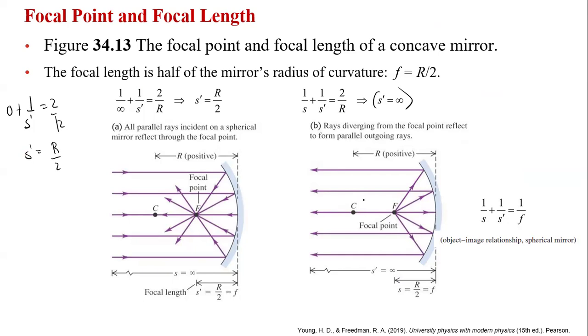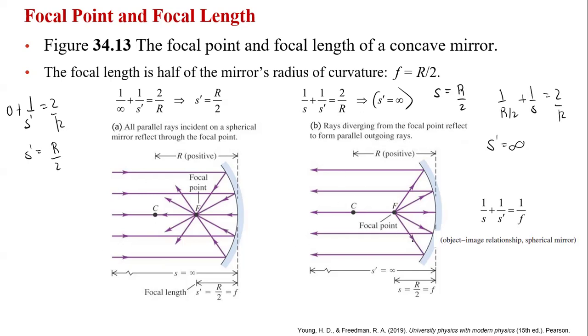Also, if for example s is equal to r over 2, we can see that 1 over r over 2 plus 1 over s prime equals 2 over r, which means the image will be located at infinity.